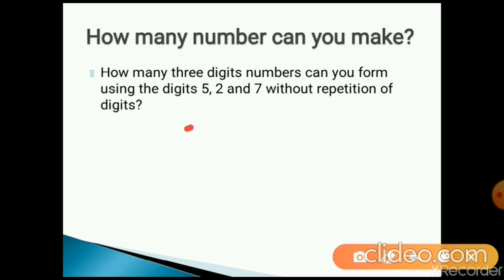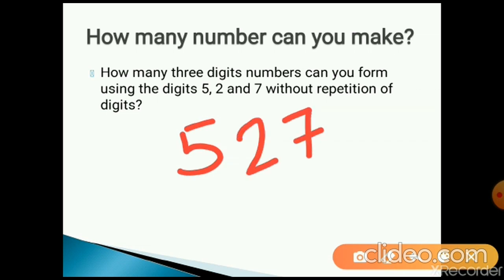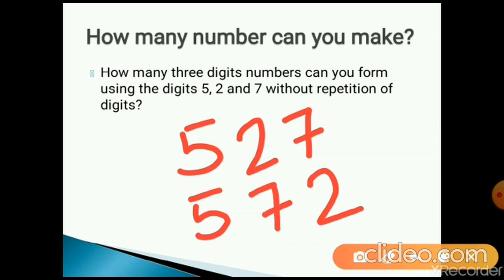First number is 5. We will write the second number, then we will write the third number. Now we will fix the first number and we will write the second number at third place and the third number at second place. So we have formed two numbers, 527 and 572.